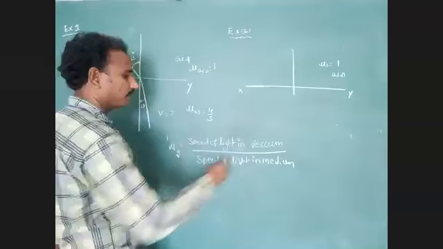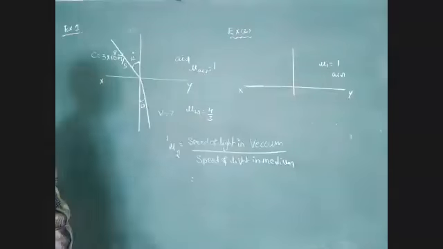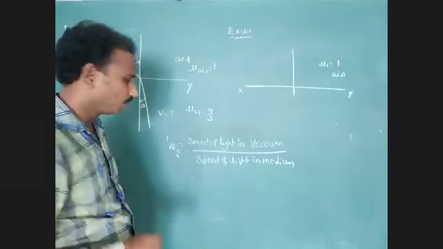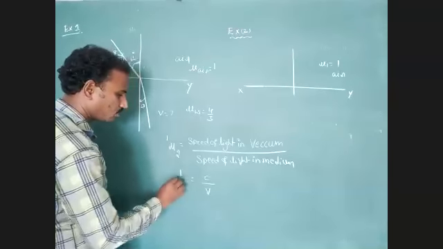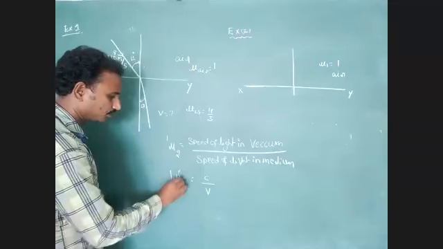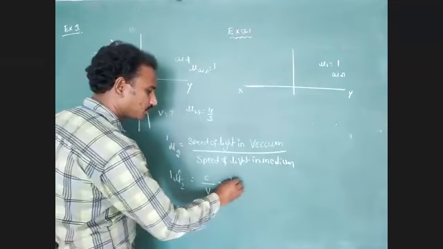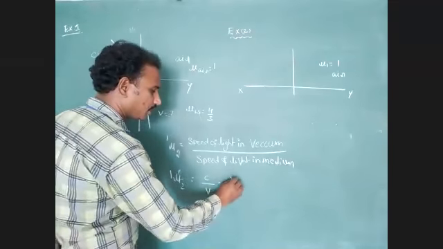How much is the speed of light in vacuum or air medium? 3 into 10 to the power of 8 meter per second. So C by V equals 1 mu 2, which is 3 into 10 to the power of 8 meter per second divided by V. But 1 mu 2 is nothing but mu 2 by mu 1.